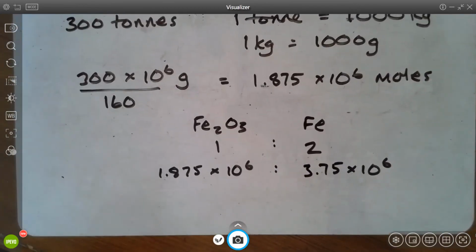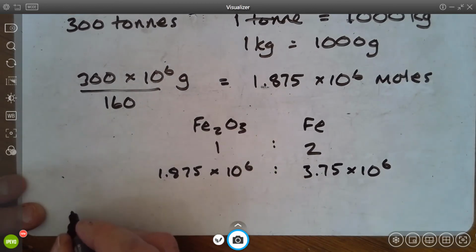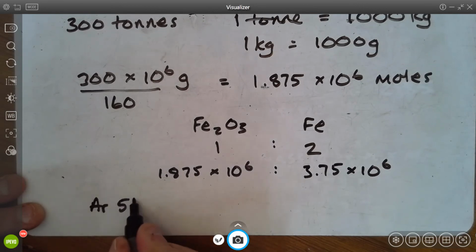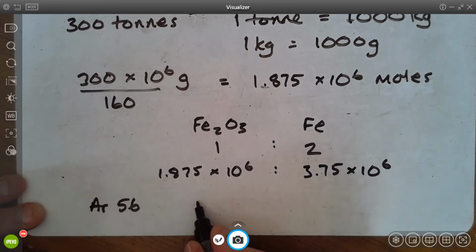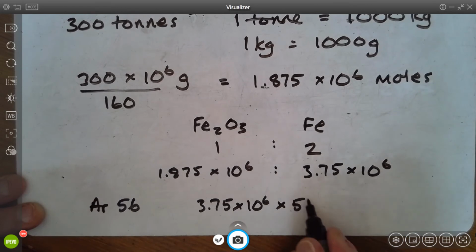Moles of iron. Each iron has an atomic mass of 56, so the Ar is 56. We are simply going to multiply 3.75 times 10 to the power 5 by 56.